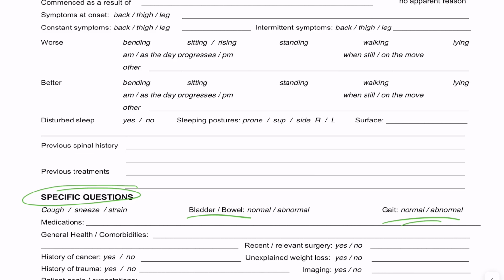If somebody were, again, this is where you cluster things. If somebody has an onset of lower back pain, no apparent reason, it's progressively getting worse, their sleep is disturbed, they have a history of cancer, things of this nature, they're not feeling well, then you're starting to think, okay, I've got multiple clues that are kind of making me concerned now.